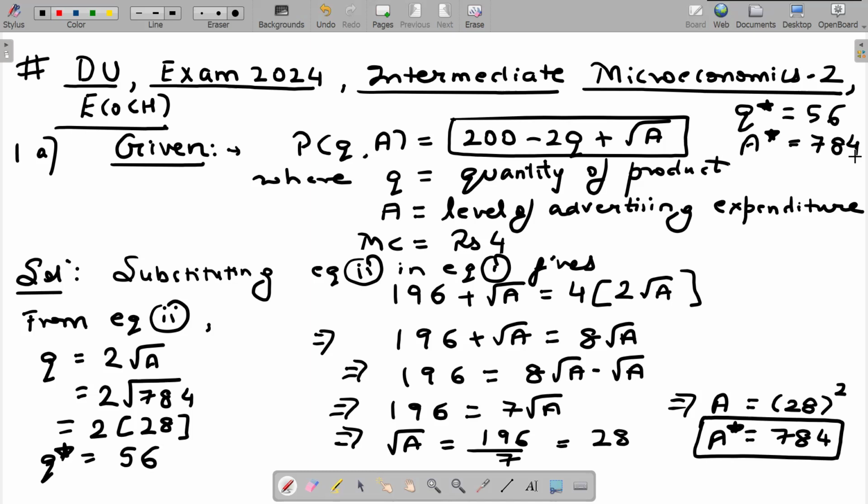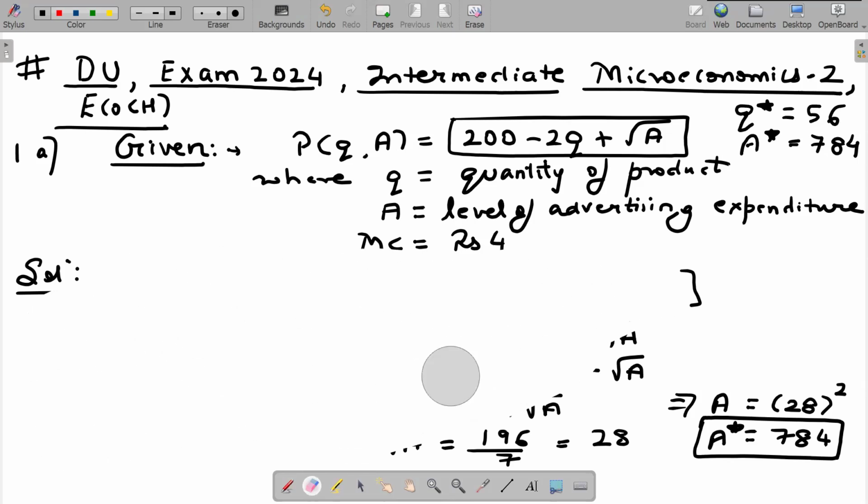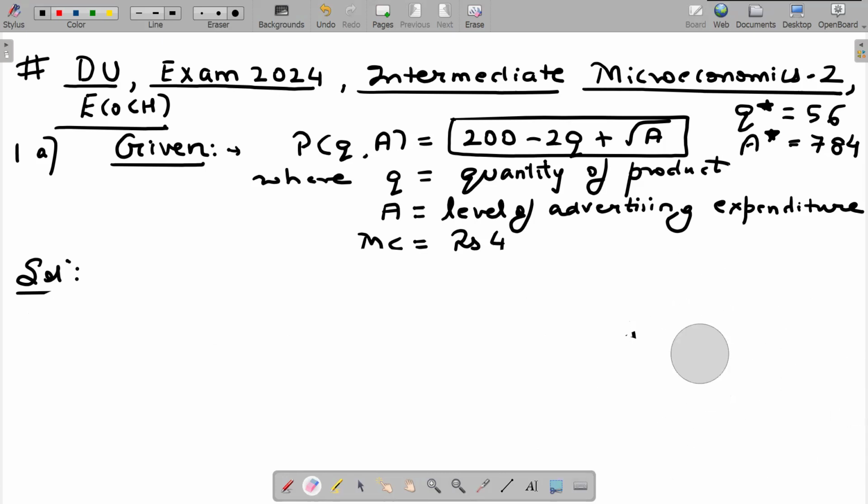Okay. And now, once we have found out the optimum quantity and the optimum level of advertising expenditure, let's also look at the second order conditions to check whether the profit is a maximum. So what were my first order conditions? If I erase all this off, I'm rewriting them. All the students must have written them down. The first order conditions were as follows.